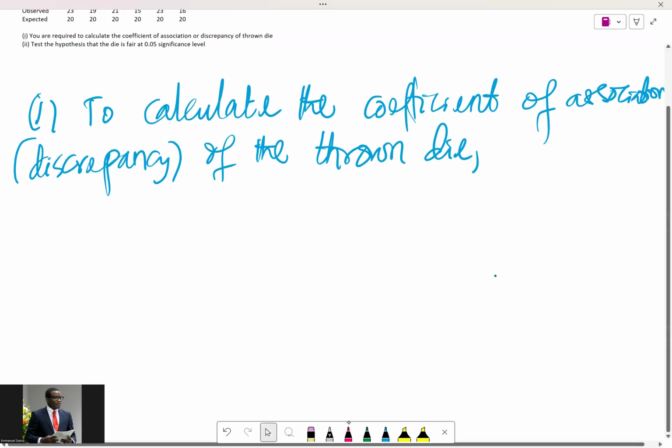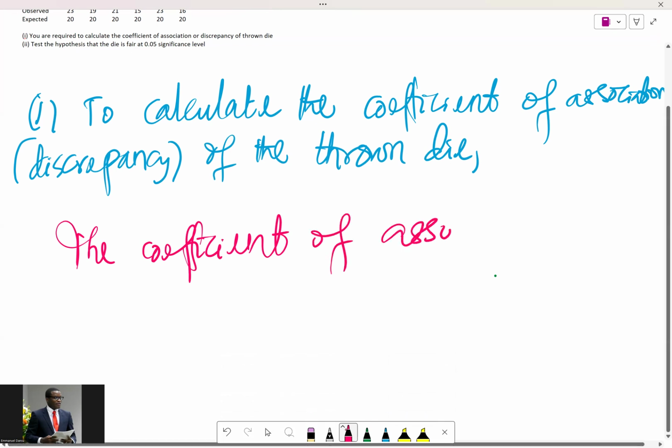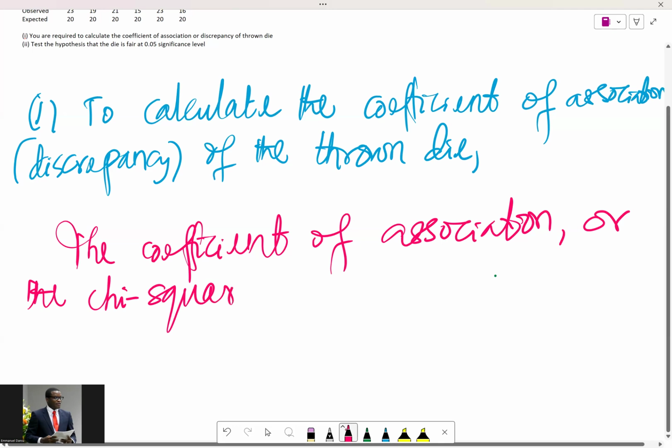Let's say that the coefficient of association, or the chi-squared statistic, is what is known as the coefficient of association.